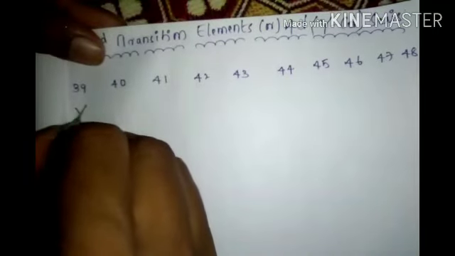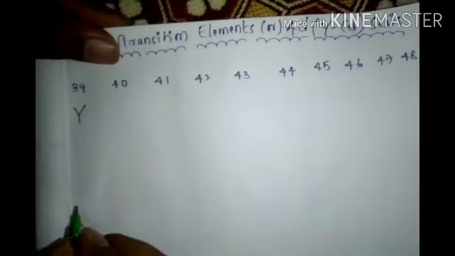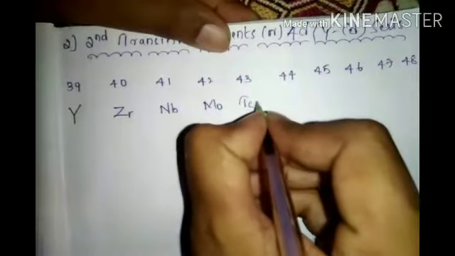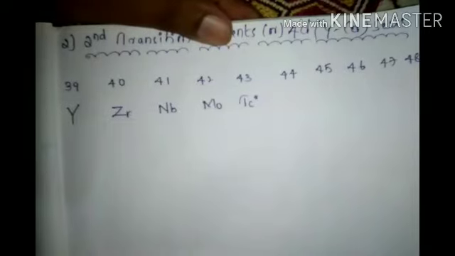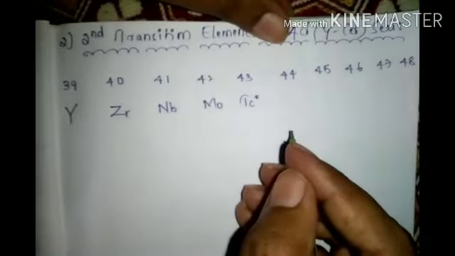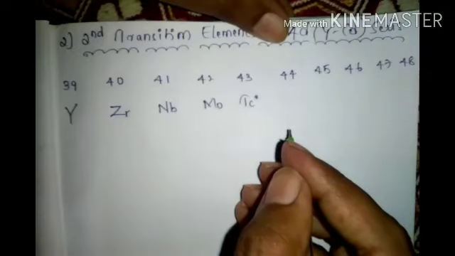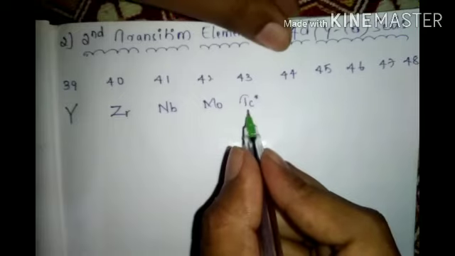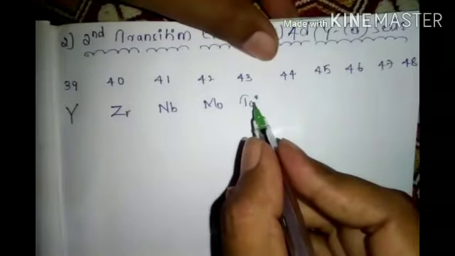Now yttrium Y, zirconium Zr, niobium, molybdenum, technetium, the first man-made element, star symbol, technetium, a synthetic transition metal. Not that star symbol. Okay.